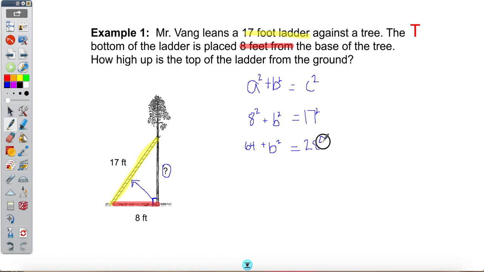So at this point, there are 2 steps that we have to do to find out what side b is equal to. We have to get all the numbers on the side with the variable to the other side. So we're going to take away 64.